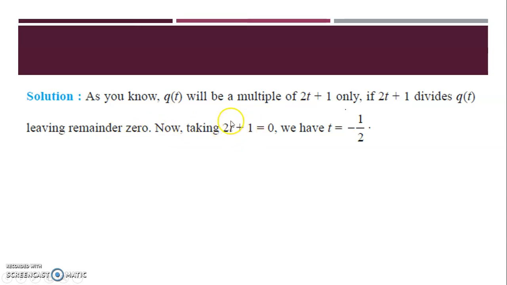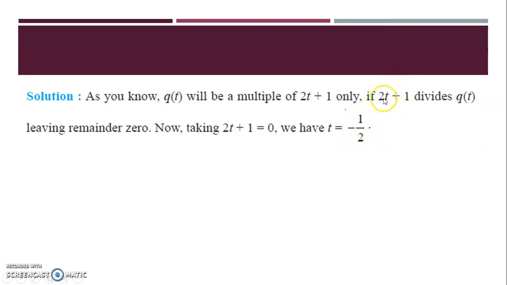Here we have the linear polynomial. Now to find the remainder, I have to find the 0 of the divisor. First I equate it to 0, then I solve for t. So t is equal to minus 1 by 2 is the 0 of the divisor, which is 2t plus 1.